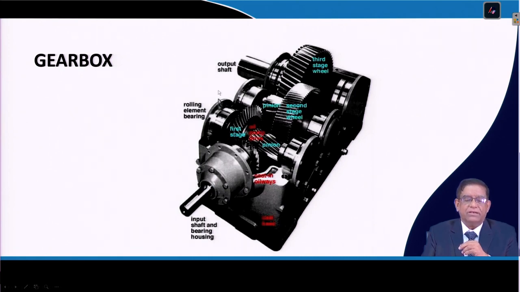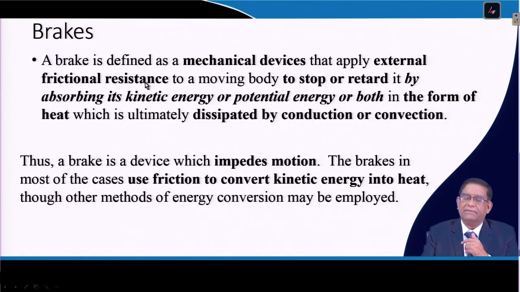That is your input shaft, which is connected to the main prime mover, that is, the engine, electric or diesel, and then we have the output shaft. Depending on which gear ratio you are using, you can get different speeds. So there is quite a range of gearboxes.